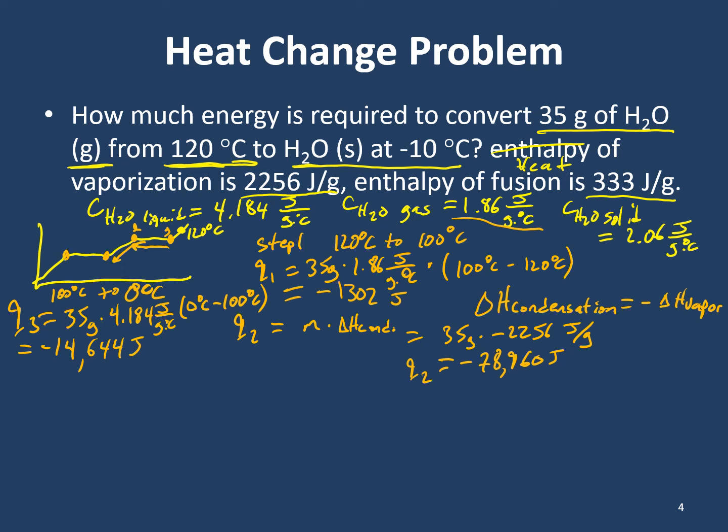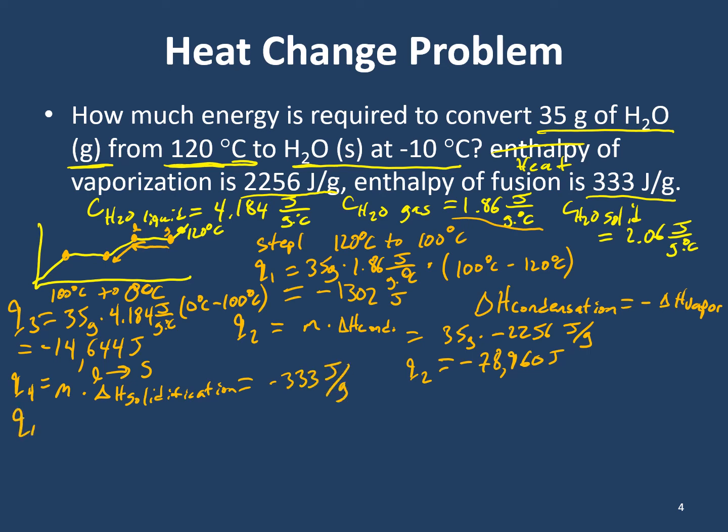And then the next step, Q4, is going from the liquid state to the solid state. So Q4 is going to be equal to my mass times my delta H, or my heat of solidification. Now I don't have that value given to me in the problem, but I do have the fusion value, and just like with condensation and vaporization, the heat of solidification is going to be equal to negative heat of fusion, which means this is equal to negative 333 joules per gram.